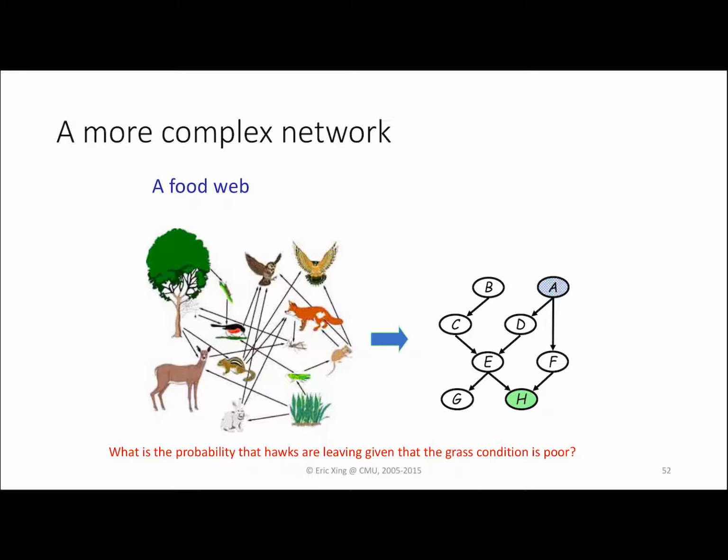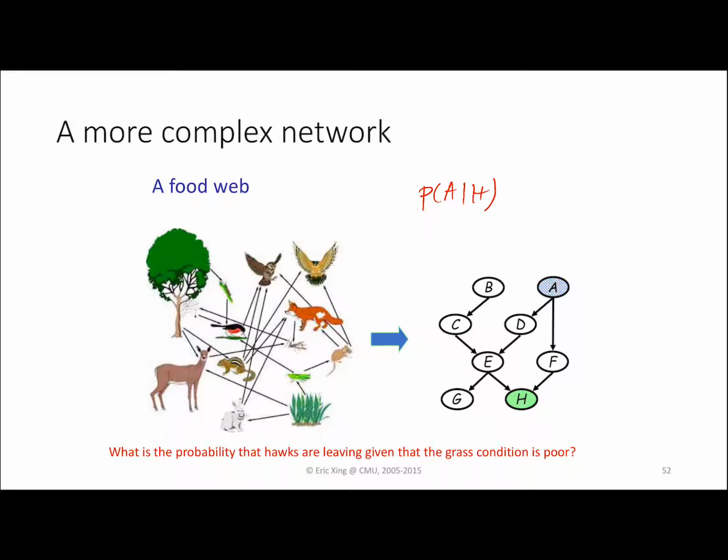And you want to compute the probability of A given H. By the way, I showed a bunch of queries. What kind of query is this one? H is observed, the rest are not observed, and I want to compute P(A | H). What did I call this query before? Not diagnosis.